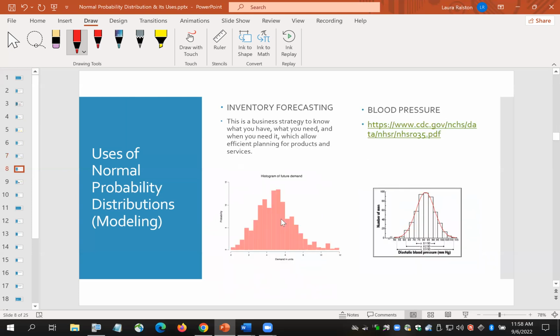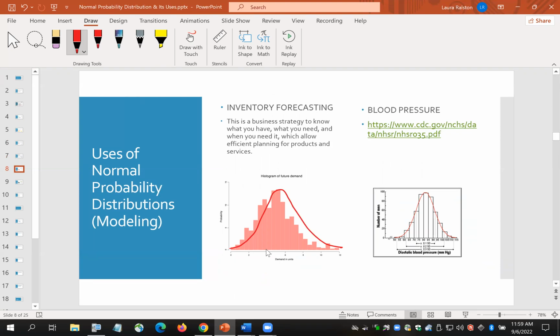Inventory forecasting. Notice that even this one here for inventory forecasting looks a little weird, but it still has that basic normal distribution shape. It doesn't necessarily have to be perfect. And when you're modeling with statistics, it's not going to necessarily be a perfect model.